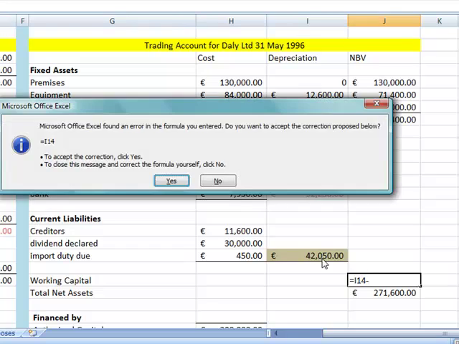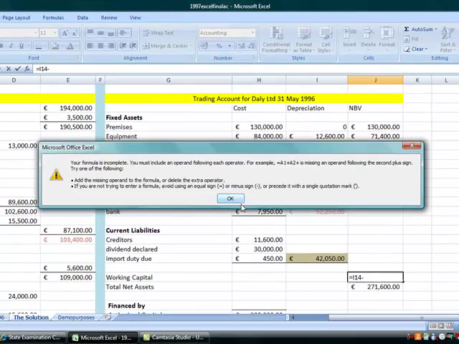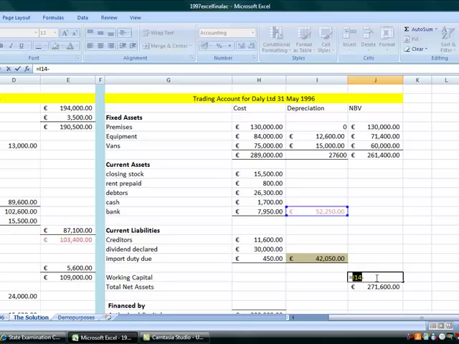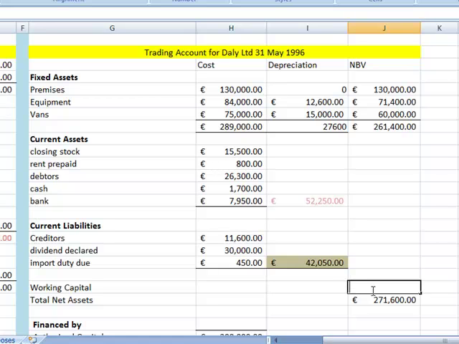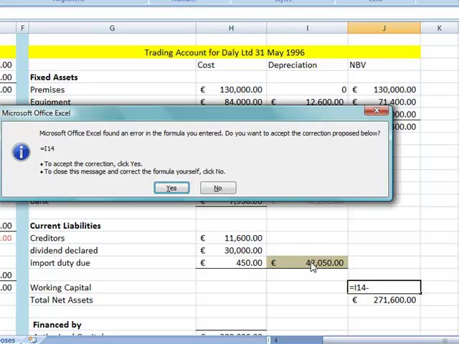And what went wrong there? We press again. We get annoyed. We curse. We swear. We're very unprofessional. We go equals, minus there. Okay.